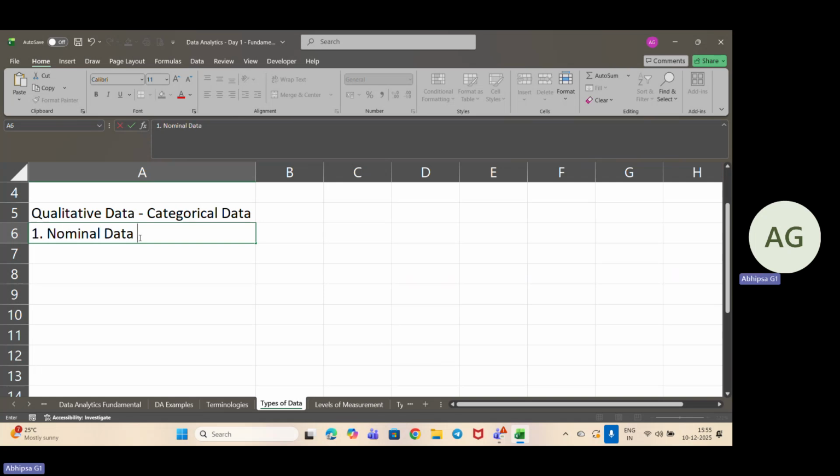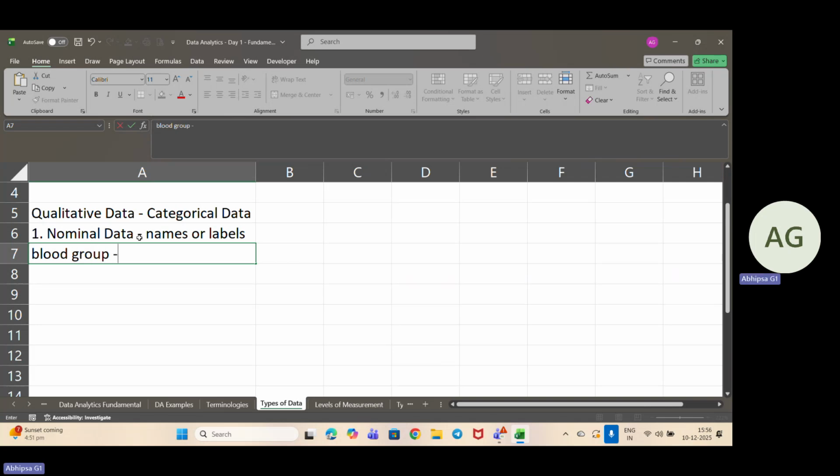What is this nominal data? Nominal data is data with names or labels. There is no specific ranking, no order. All categories are equal in the case of nominal data. Suppose the example is blood group.